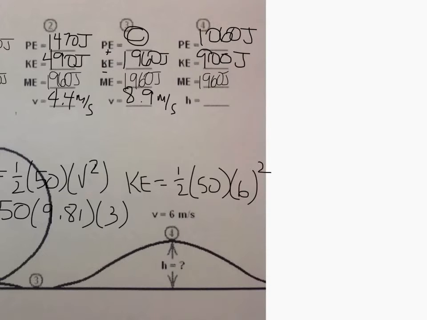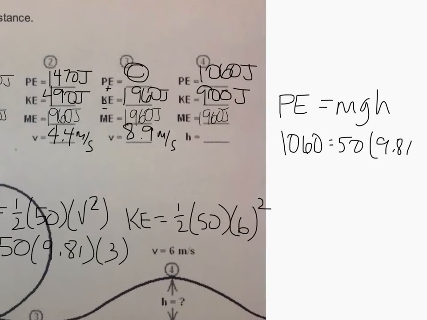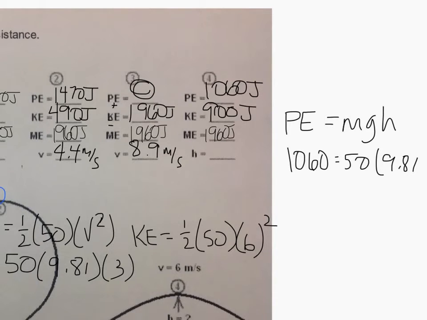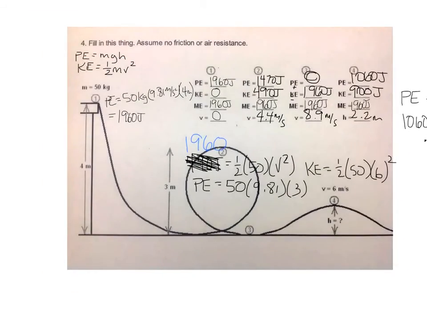And once you know the potential energy is 1060, you can plug it into your MGH equation. 1060 equals 50 times 9.81 times the height we're solving for. So divide by 50, divide by 9.81, and you get a height of 2.2 meters.